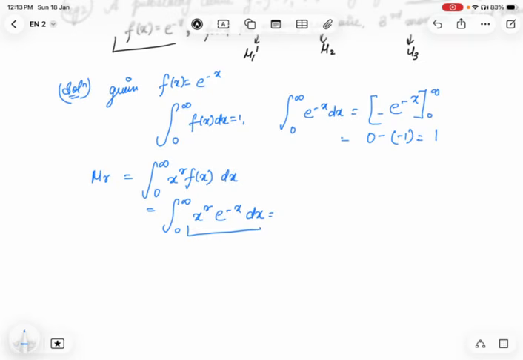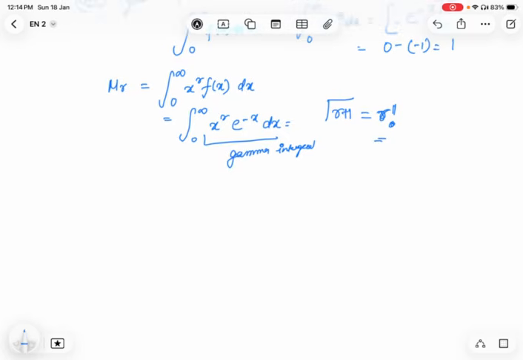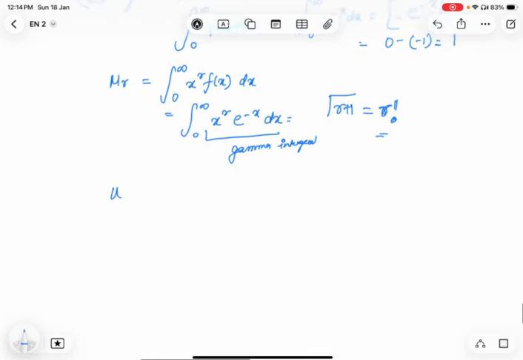This is a gamma integral. So whenever you get questions like this, you use the gamma integral, that is gamma of r plus 1 is equal to r factorial. Okay, so the answer is r factorial. Now just put r is equal to 1 here. It is a general formula. Just put r is equal to 1, you will get the answer.